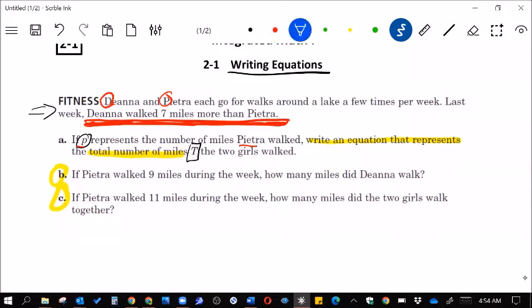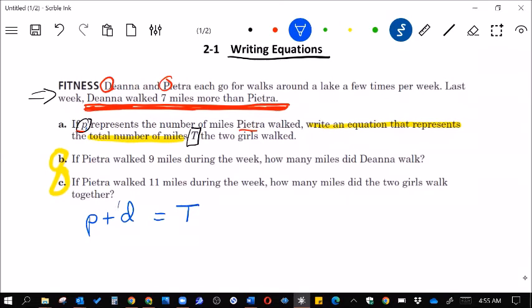On a very basic, simple level, we can say that P plus, we'll use a lowercase d for the other one, equals total. Since they did a lowercase p here, we'll use the lowercase d. So the two of them together is going to equal the total. That makes sense, of course.